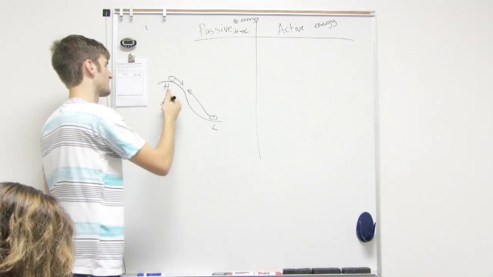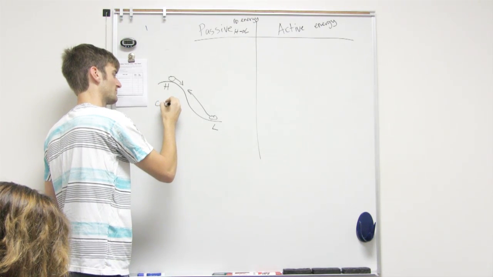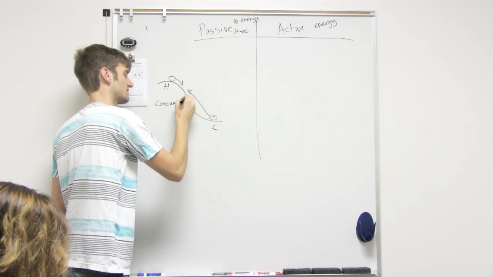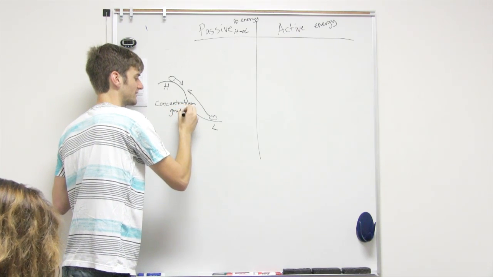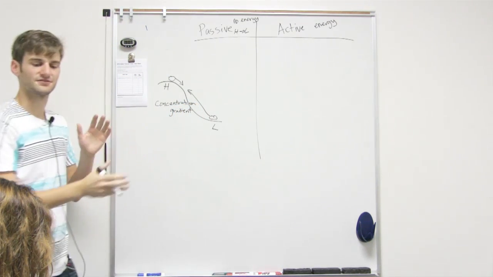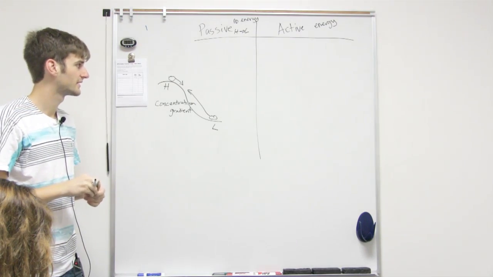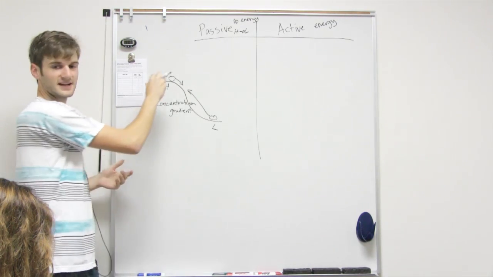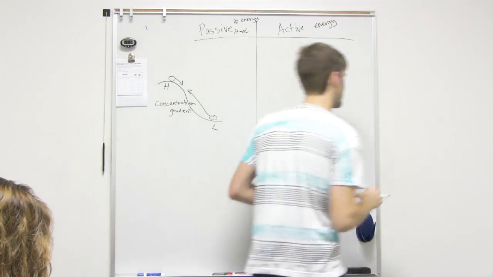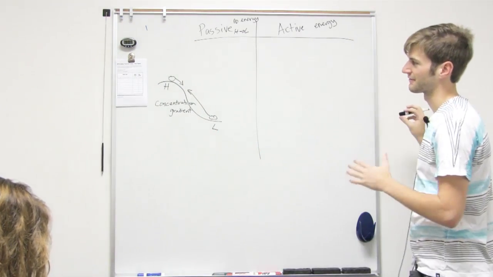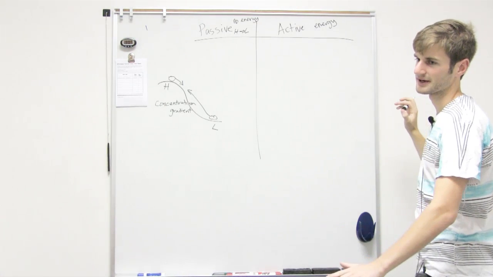So if you see that word, concentration gradient, this is what they're talking about. They're talking about that difference between high to low. So passive, it's high to low. It requires no energy, just going from high amount of things to low amount.